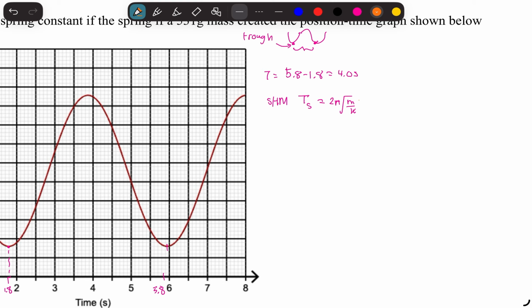So you're going to divide both sides by 2 pi, and then you have to square both sides.